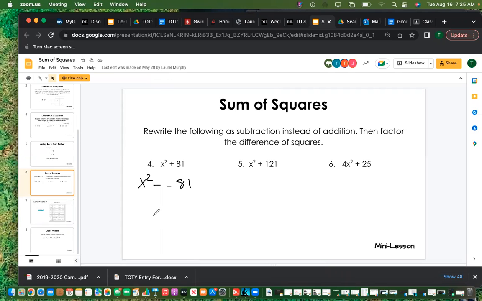Okay, and we're going to rewrite the following and then factor the difference of squares. Okay, so how are we going to go about doing this? We're going to factor.